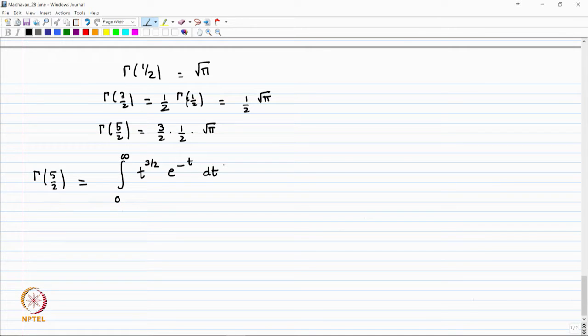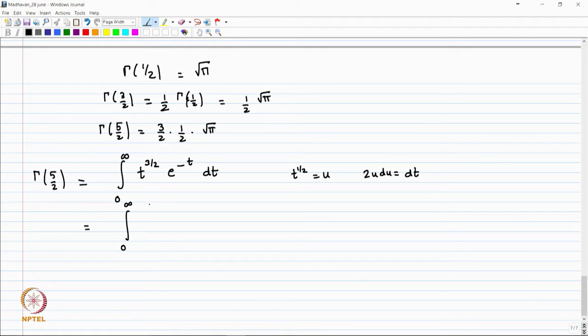Now, if I make the same substitution, that is t raised to half equal to u, then you will have 2u du equal to dt just as before. And now, if you go through the same exercise, what you will get is the integral from 0 to infinity.